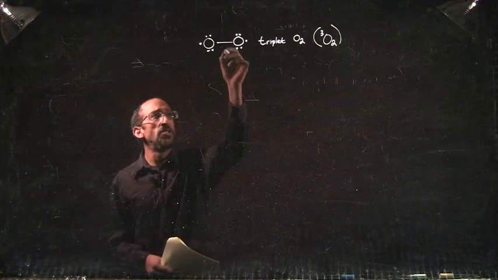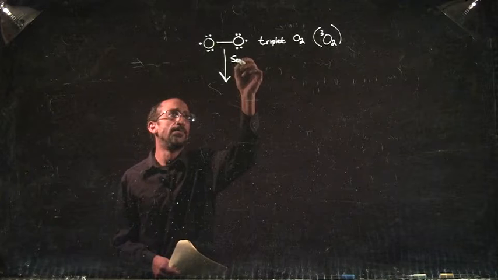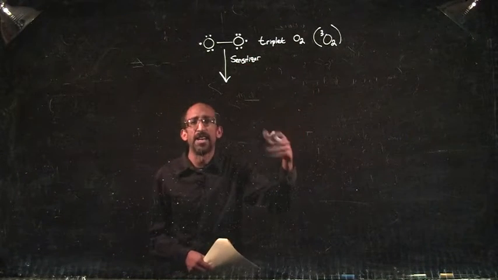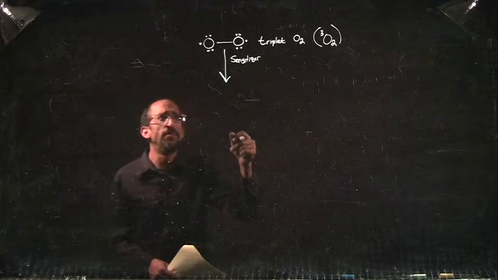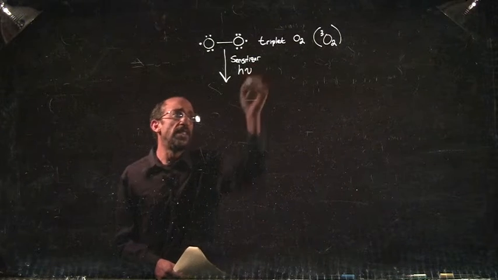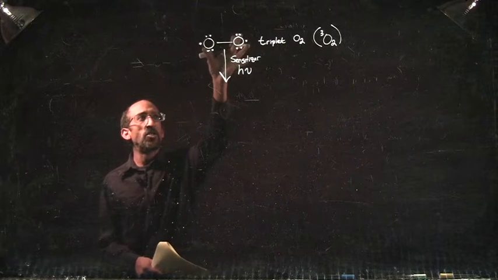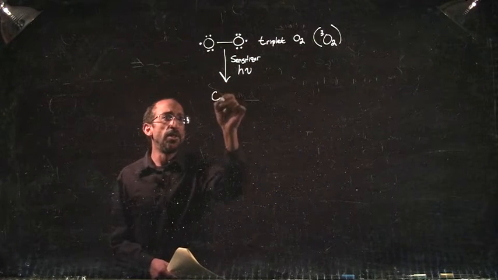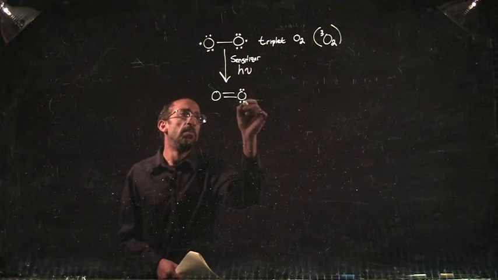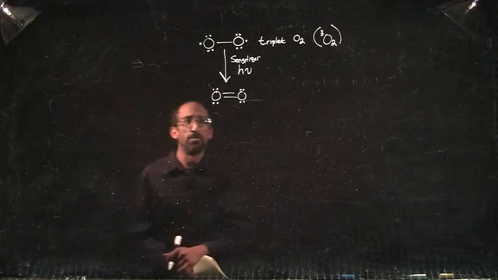However, if we take O2 and we treat it with a molecule known as a sensitizer, and what a sensitizer is and how it operates is explained in your POGIL worksheet, so I'm going to leave that for you to find there. But if we treat it with a sensitizer and a photon of light, we can take it from its ground triplet state to its excited state, which is probably how you've seen molecular oxygen represented before.